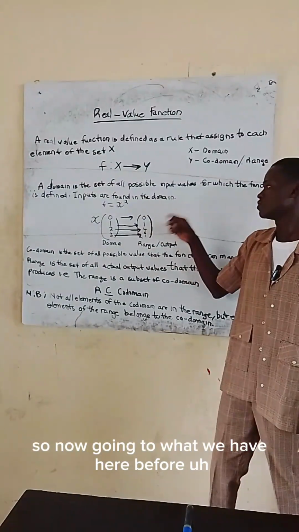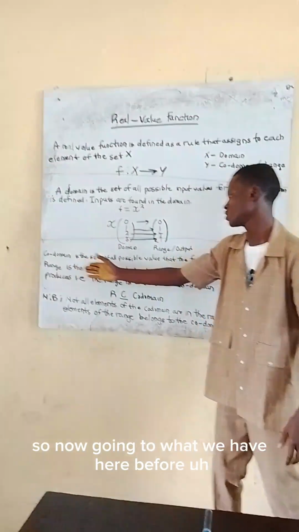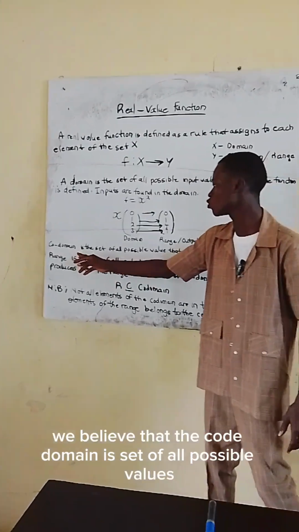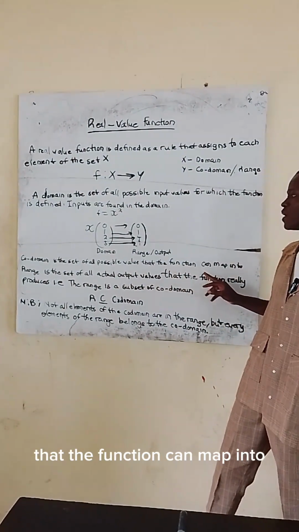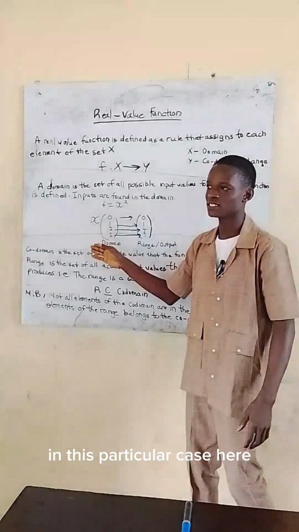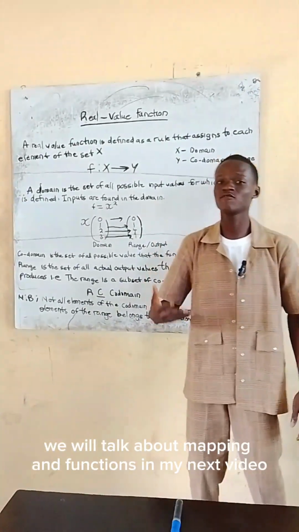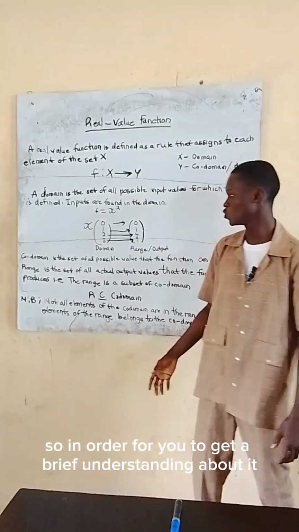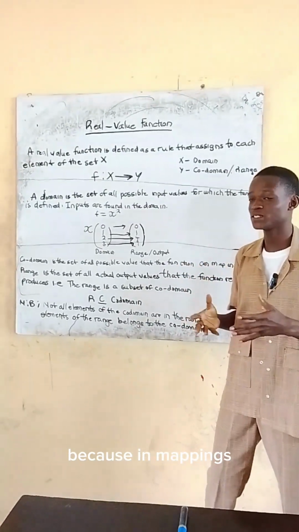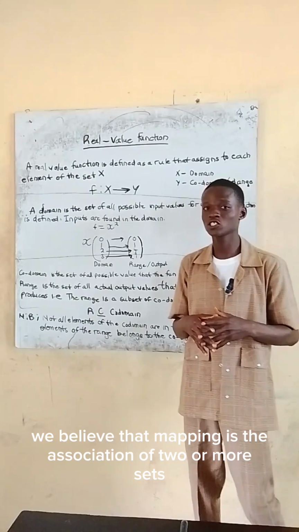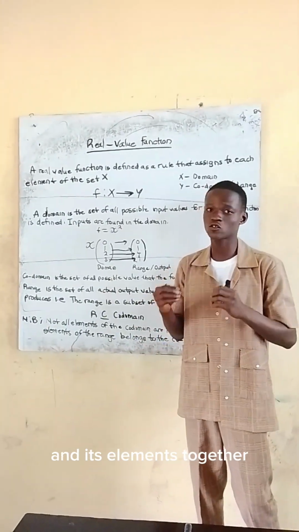So now, going back to what we have here before, we believe that the codomain is a set of all possible values that the function can map into. In this particular case, we will talk about mapping and functions in my next video. So, in order for you to get a brief understanding, in mappings, we believe that mapping is the association of two or more sets and their elements together.